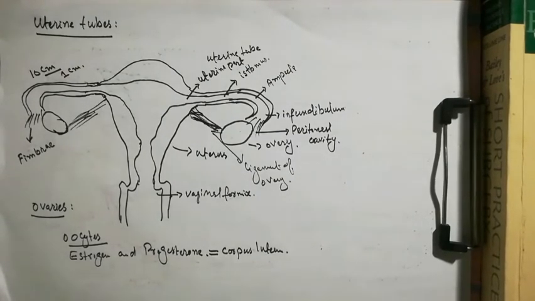Recall oogenesis. Estrogen is also secreted from granulosa cells of ovarian follicles. These hormones, estrogen and progesterone, are responsible for secondary sexual characteristics in female at puberty.